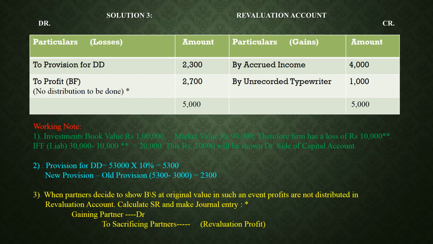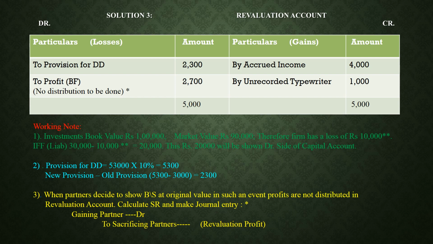In this, one major adjustment regarding investment fluctuation fund is available. In our balance sheet, investments book value is mentioned 1 lakh rupees, whereas market value is given rupees 90,000. This means that investment is reducing by rupees 10,000.